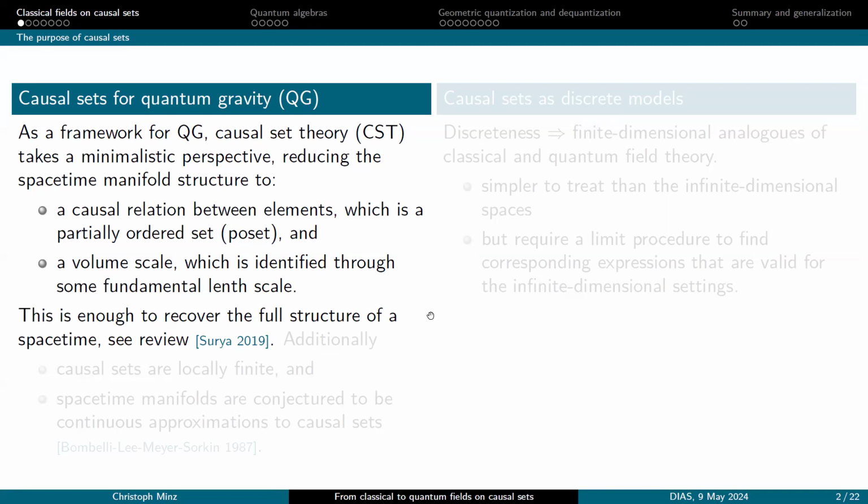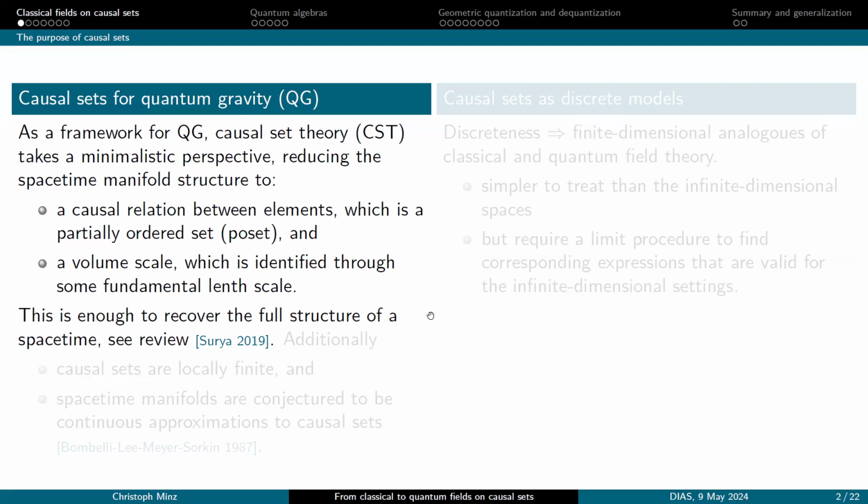But I'm only using this framework for causal sets, so it's essentially like a precursor of a quantization theory for gravity, and it's a very minimalistic approach. So it's essentially reducing the structures of space-time to only the causal structure and some volume information. So these are the only two essential inputs that we retain from our theory of space-times.